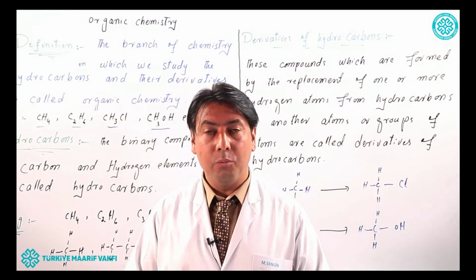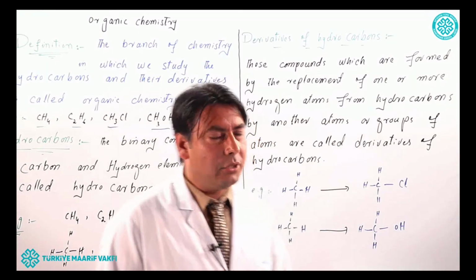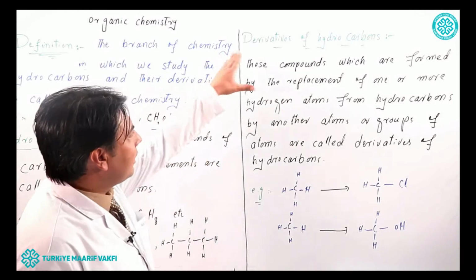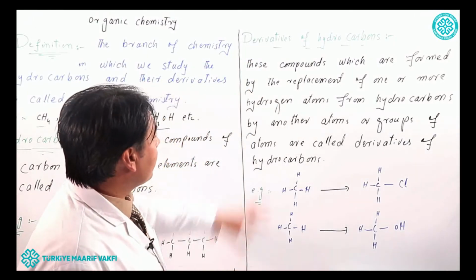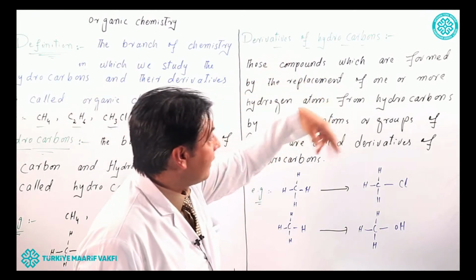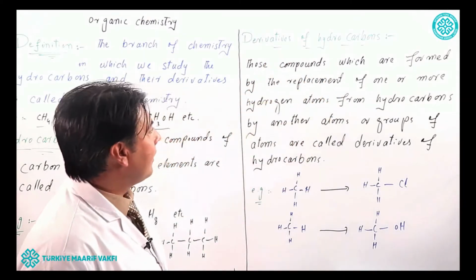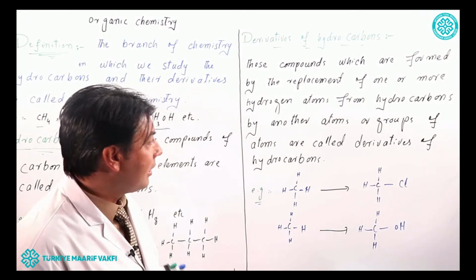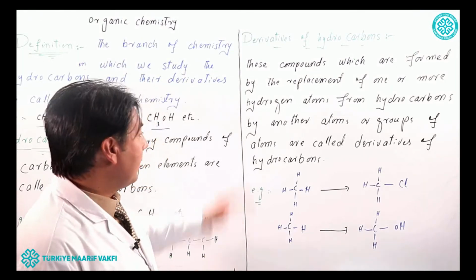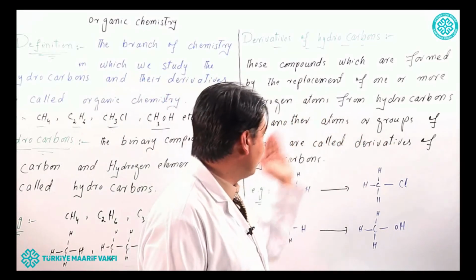Now we are discussing the derivatives of hydrocarbons. Derivatives of hydrocarbons can be defined as those compounds which are formed by the replacement of 1 or more hydrogen atoms from hydrocarbons by another atom or group of atoms.